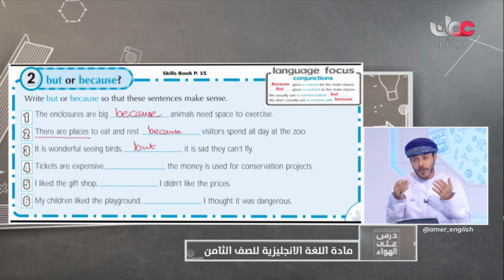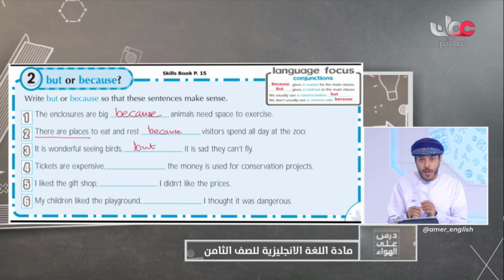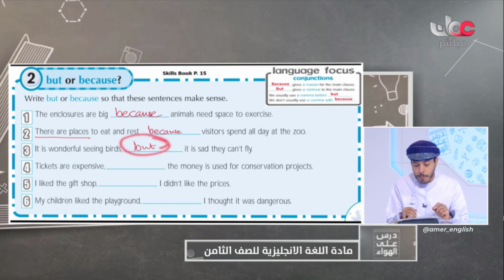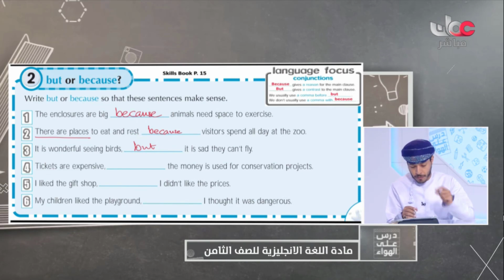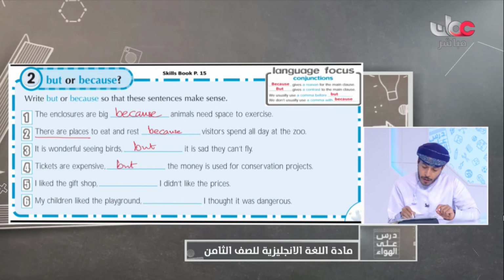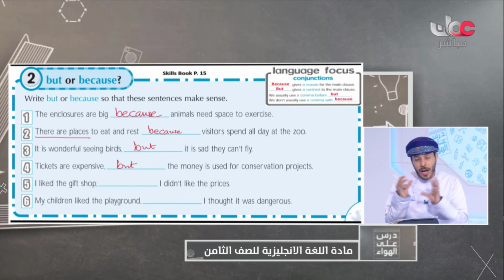So can you see the point? This clause is different from this clause. They don't follow the same meaning, so that's why we use 'but'. Tickets are expensive, but the money is used for conservation projects. Okay, so here we have two different ideas linked with 'but'.